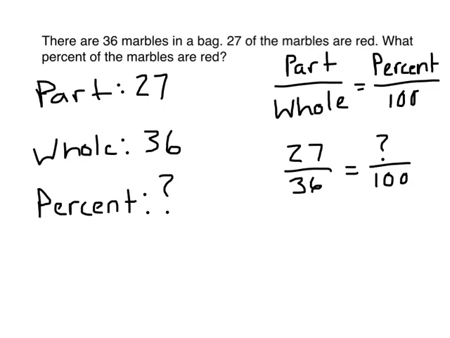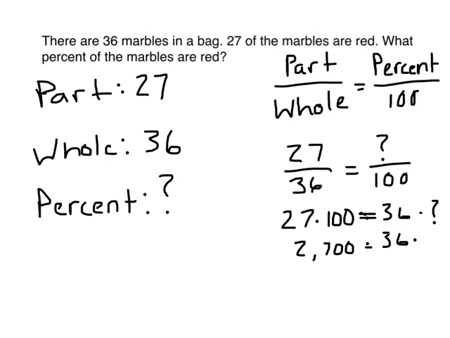Now I can solve. So I can multiply 27 times 100 and say that's equal to 36 times our percent. What's 27 times 100? It's 2,700. And I know that that equals 36 times our percent. I can solve by dividing both sides by 36.